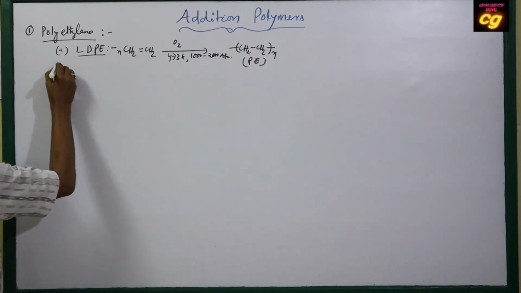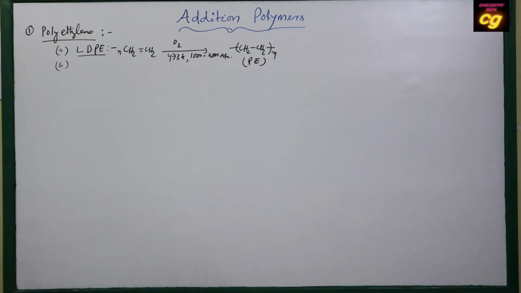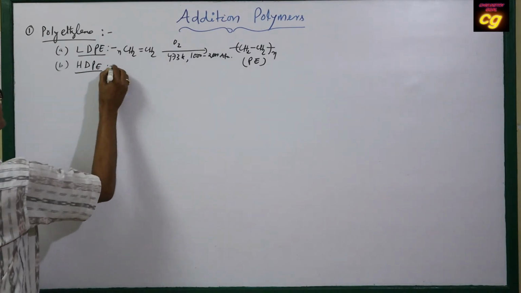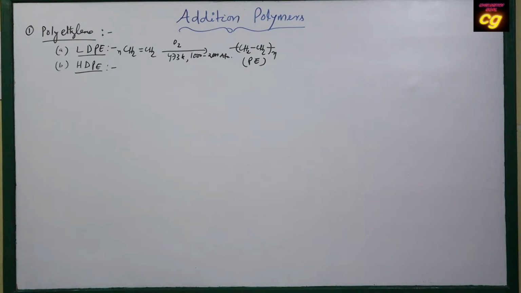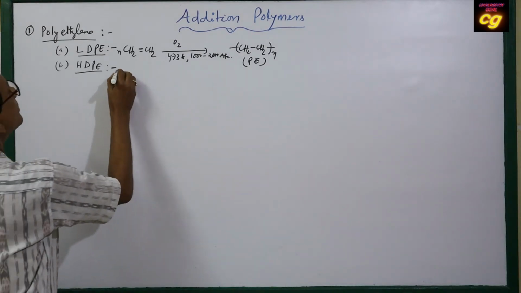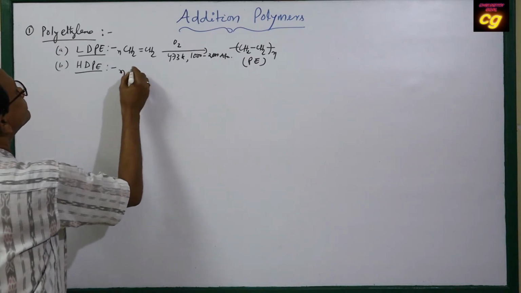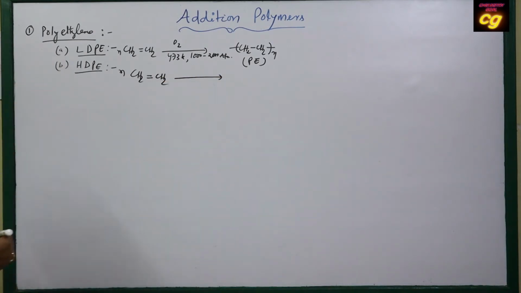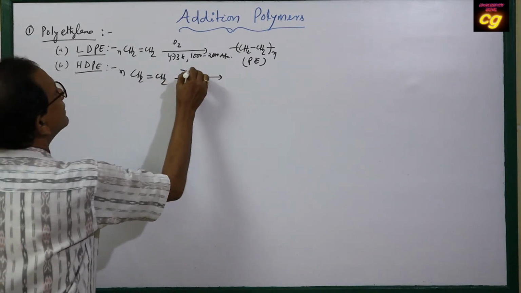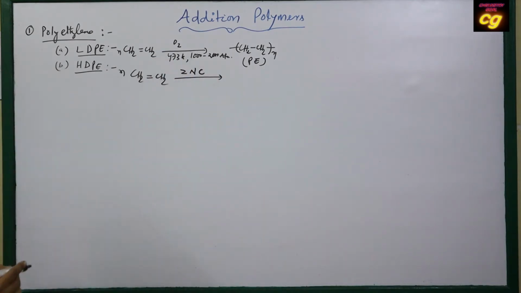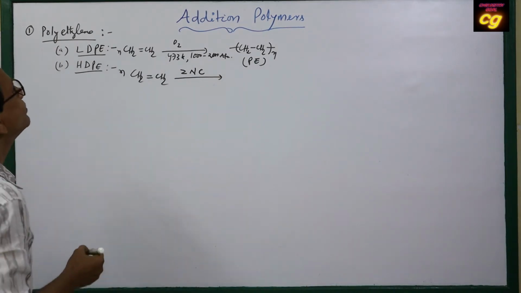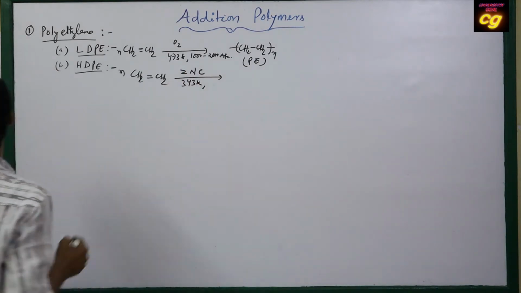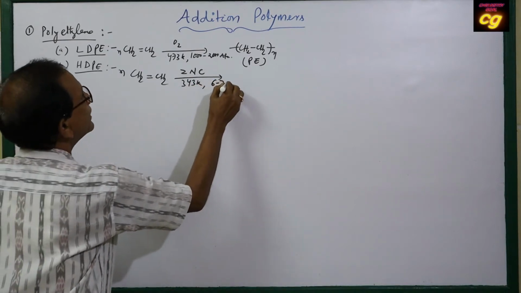Then similarly, if you take high density polyethylene, that is also one type of polyethylene, and here it is prepared the same way, but the catalyst is the Ziegler-Natta catalyst, ZNC in short form, and here the temperature is 343 Kelvin and the pressure is very low, 6 to 7 atm.